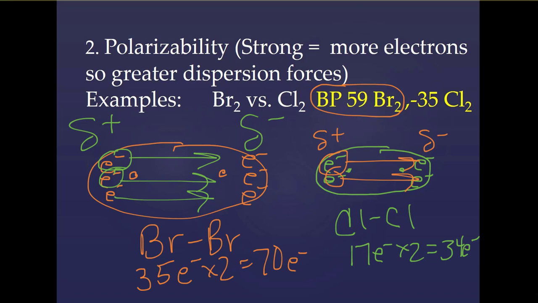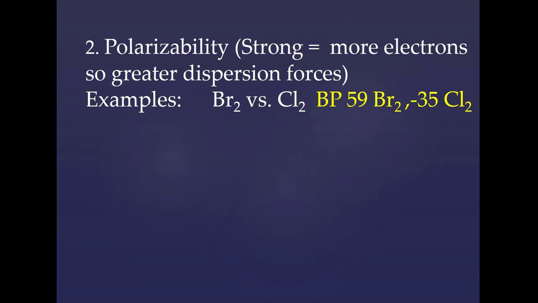Look at chlorine with much fewer electrons: it boils at negative 35 degrees. So this is called polarizability. Again, the more electrons in the atom, and so your larger atoms, are going to have greater polarizability, more so than your smaller atoms.